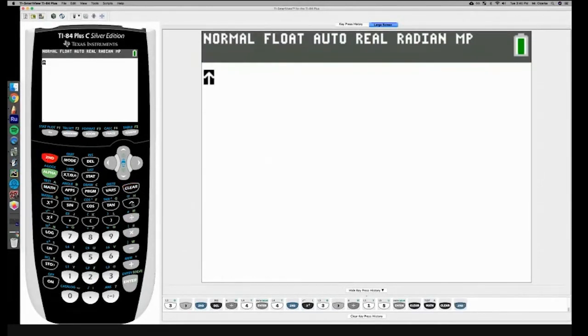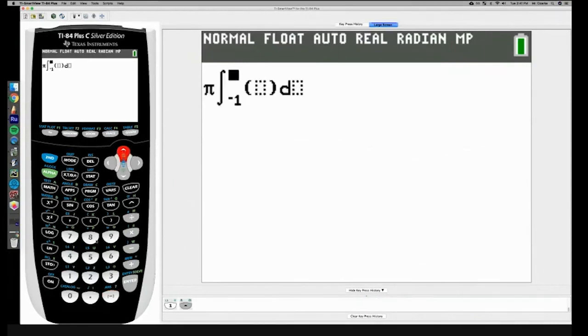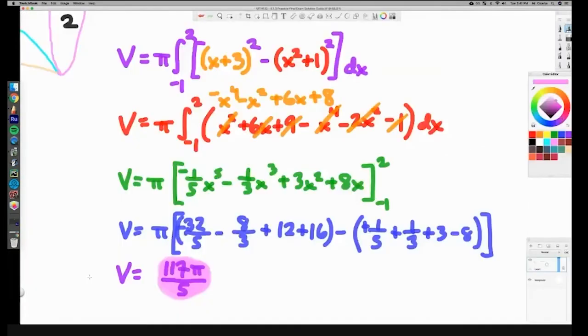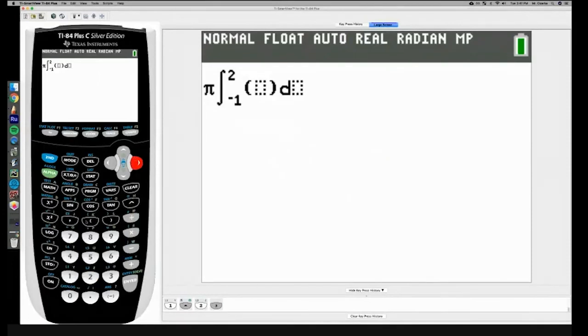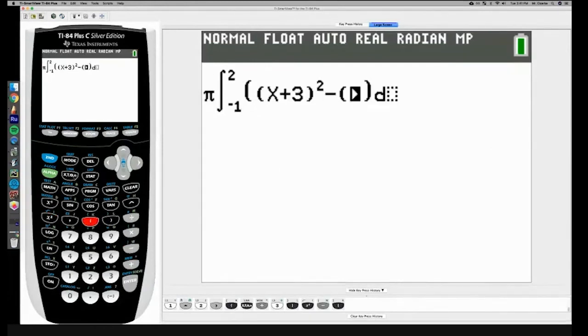All right. So we got pi math 9 from 1, -1 to 2. Yep. X plus 3 squared minus x 1 squared dx.